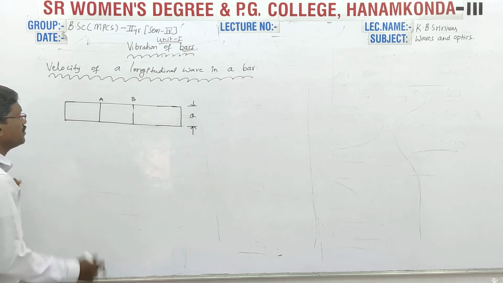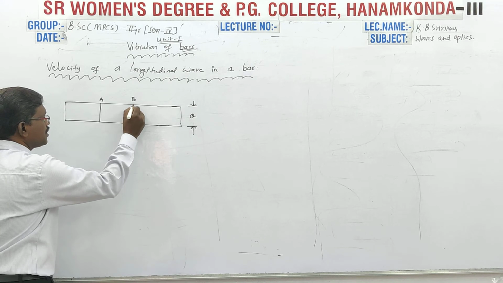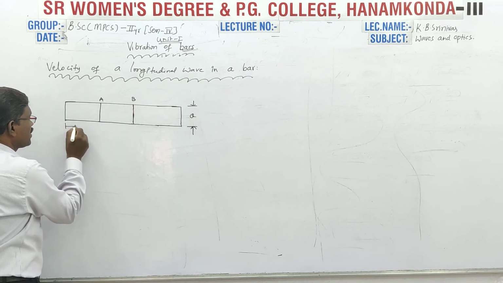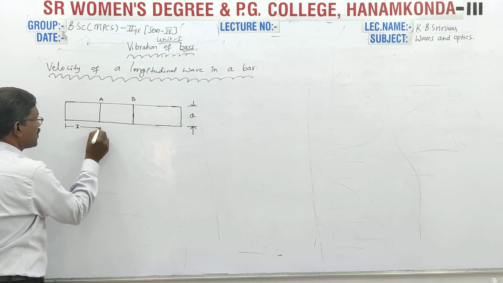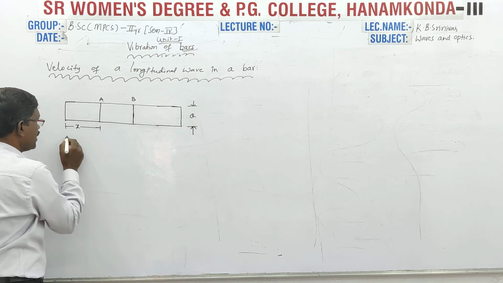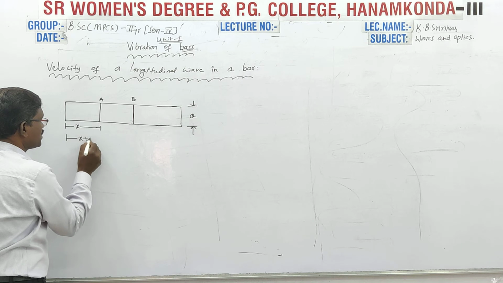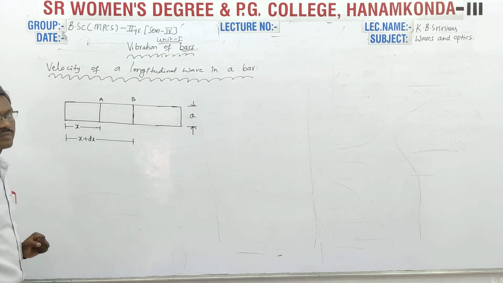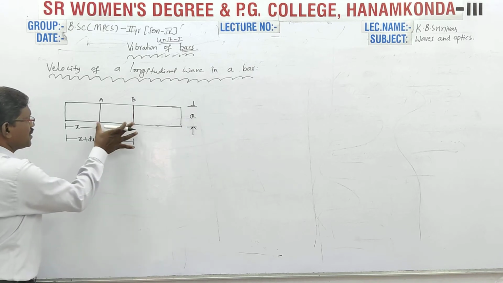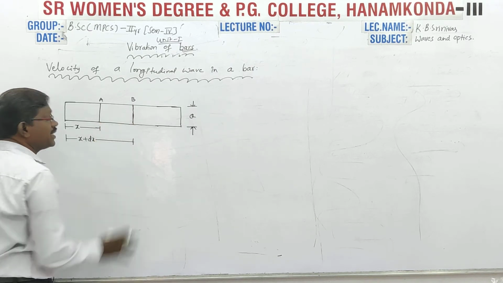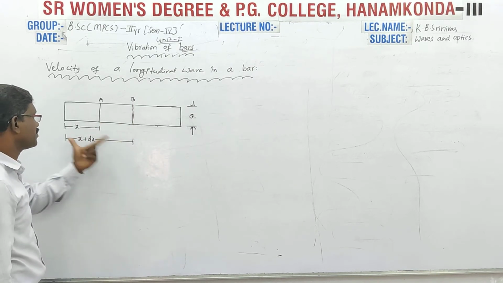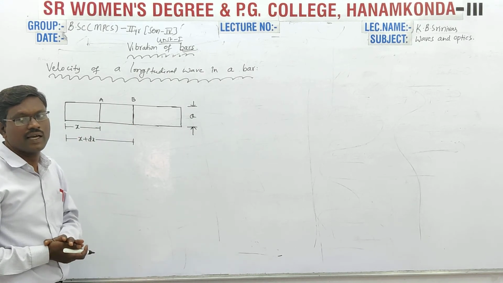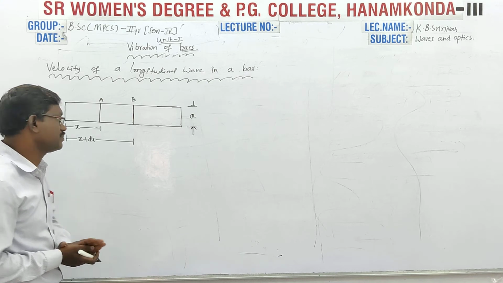I have considered an element whose name is AB, and A plane is situated at x distance from the first end, and B plane is situated at x plus dx distance from the first end. Then what is the original length of this element? Dx. X plus dx minus x gives what? That is the length of the given element in the rod. Okay, very good.